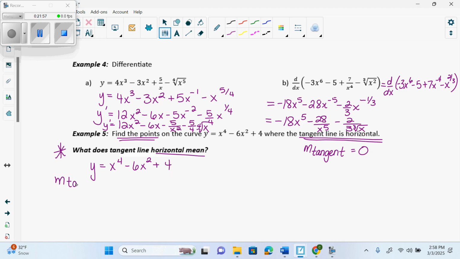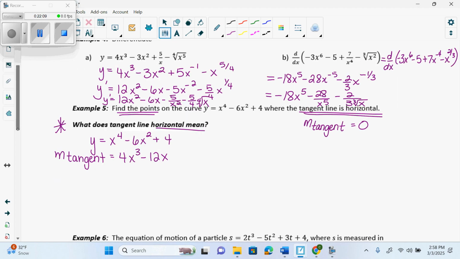M tangent is just the first derivative. So that will be 4x cubed minus 12x. And where m tangent is horizontal, what is our m tangent? 0. So 0 equals 4x cubed minus 12x.